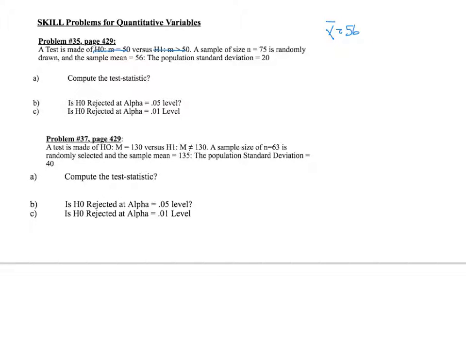The population standard deviation is 20, so we'll put that down, and the sample size is 75.